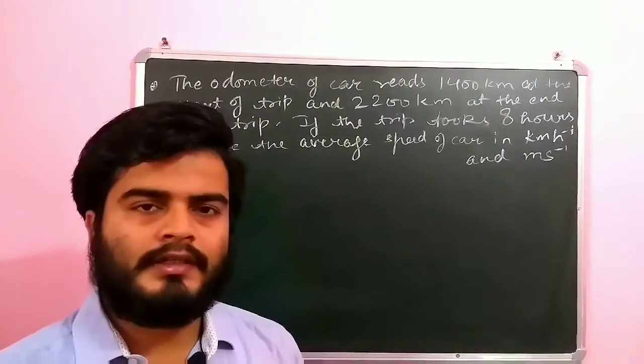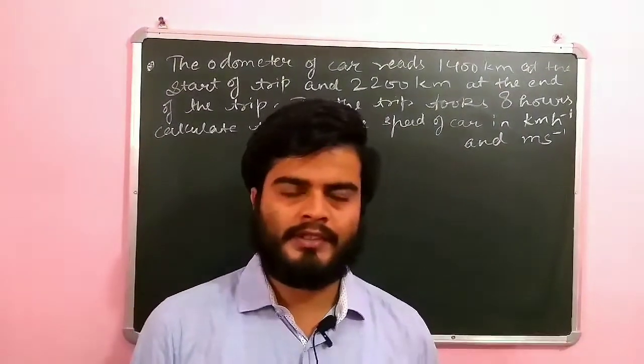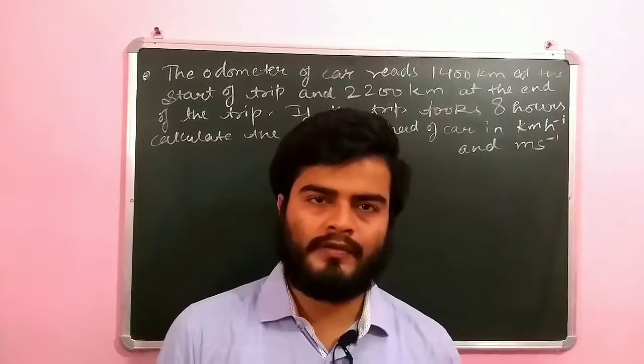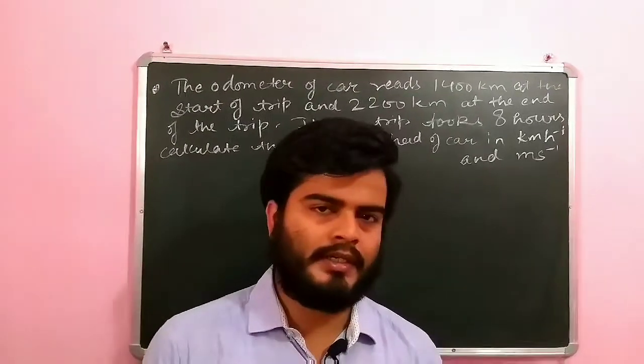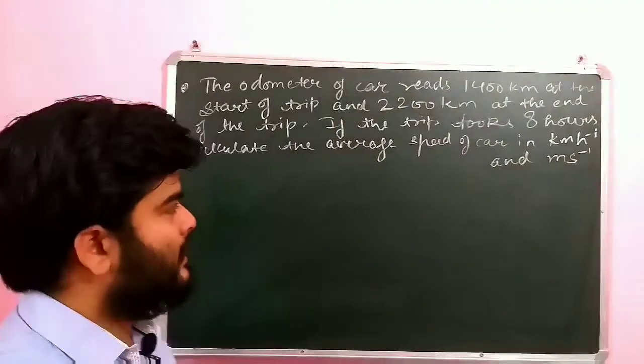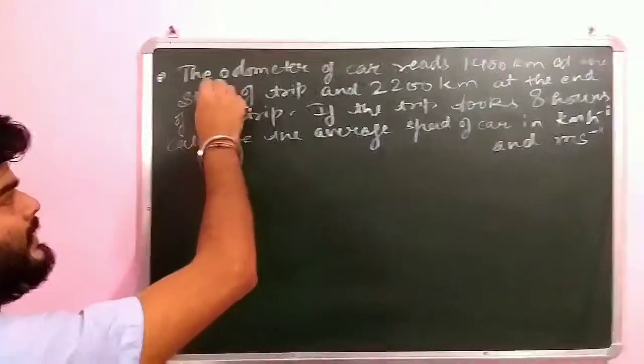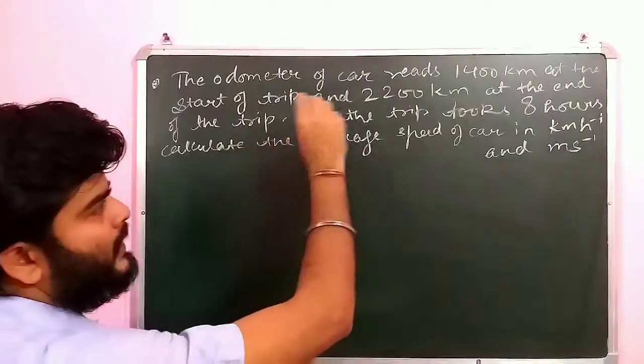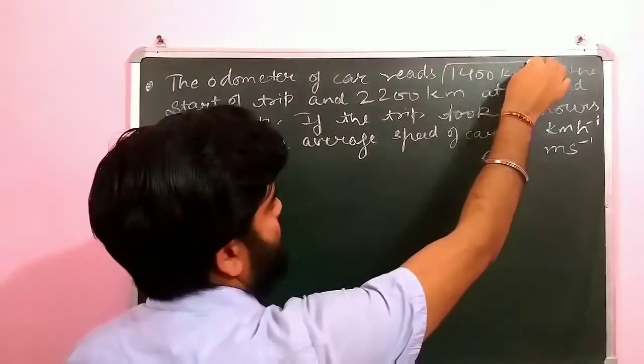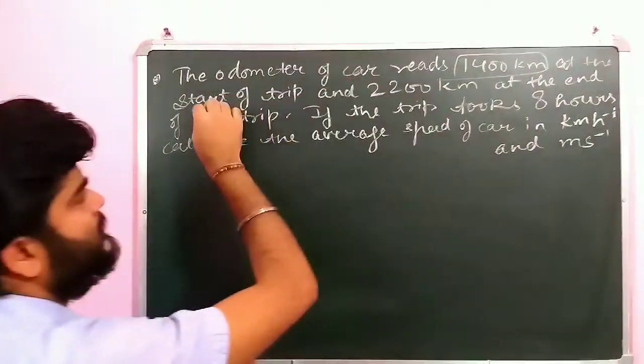Today we will start with the numerical which is based on what we had done yesterday. Let us read the statement first. The statement says the odometer of a car reads 1400 kilometers at the start of the trip.